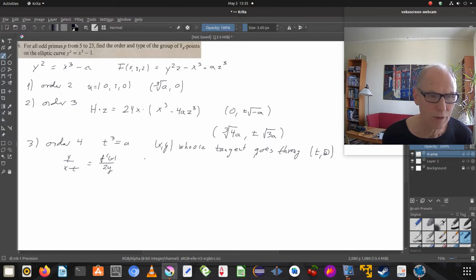So that gives, we'll just write that as t to the 3rd divided by x minus t equals, and the derivative is 3x squared.